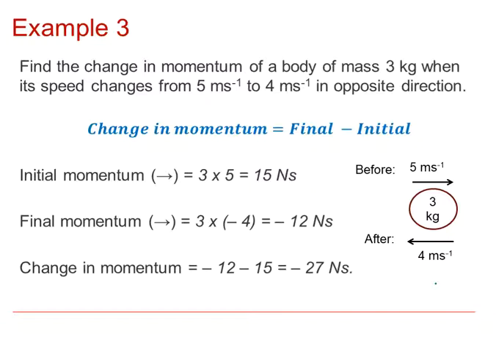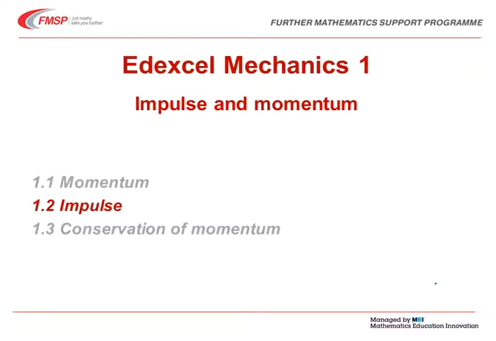So because we took right as positive, the change in momentum in this question was a negative 27 Newton seconds. In the next session, we're going to be looking at impulse.